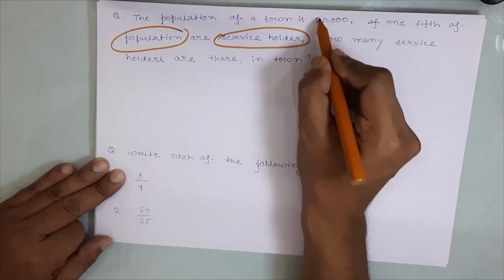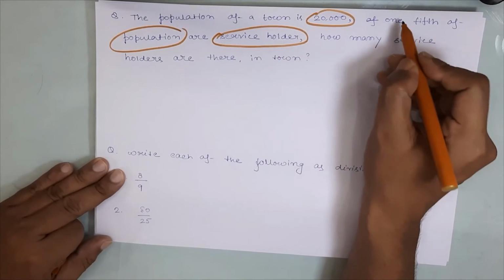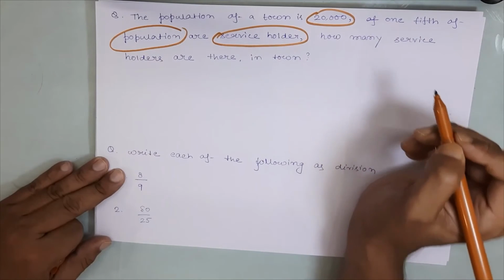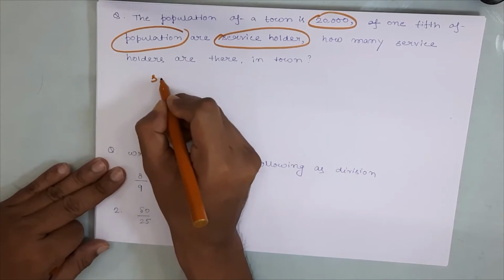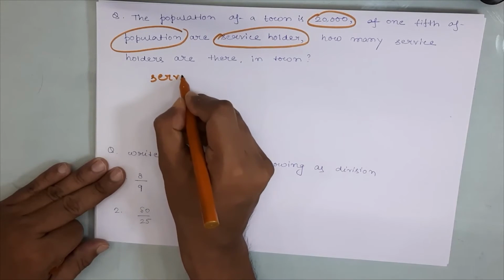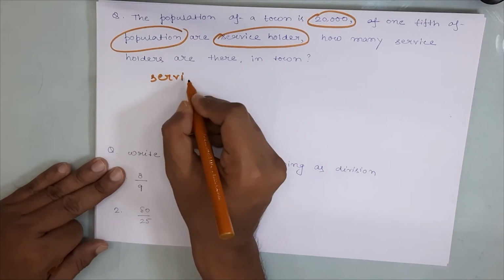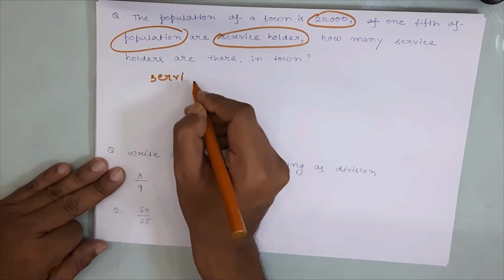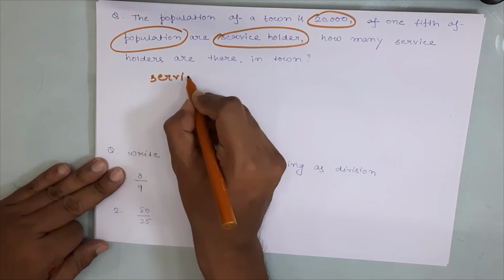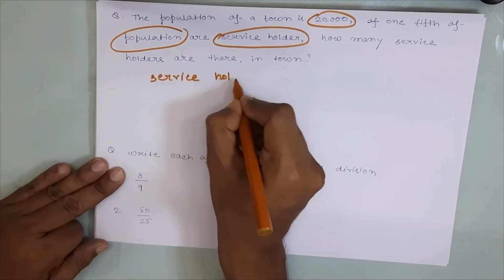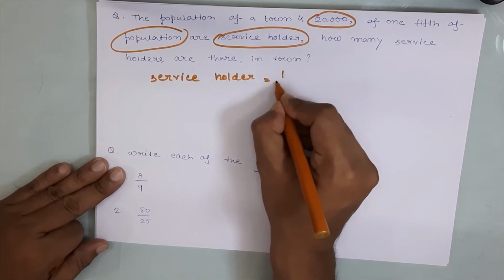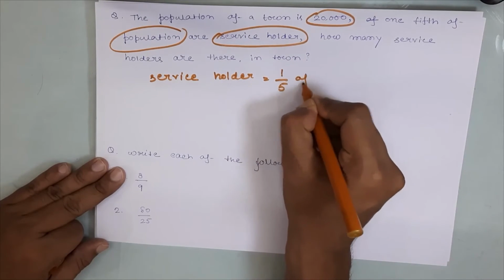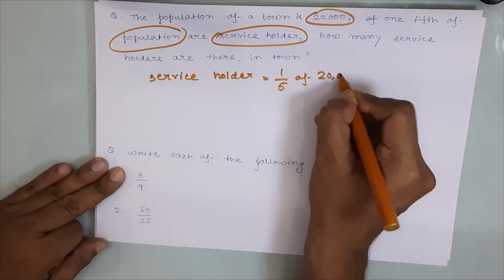So the entire population is 20,000, and 1/5 of 20,000 are service holders. So the answer will be: the number of service holders in the town is equal to 1/5, that means 1 by 5 of 20,000.